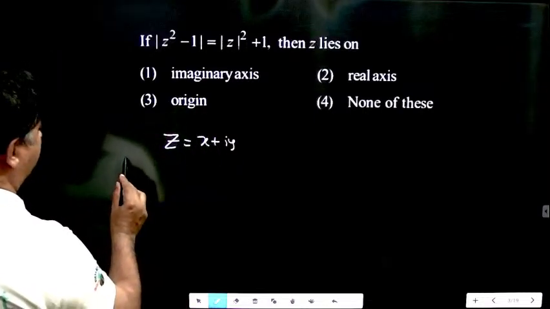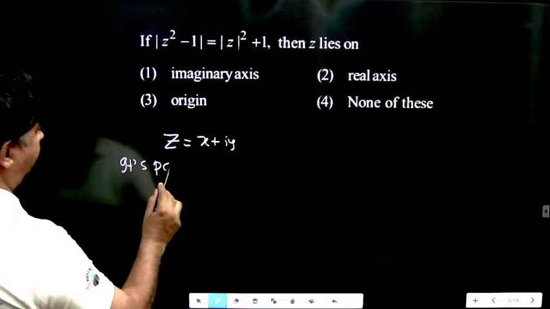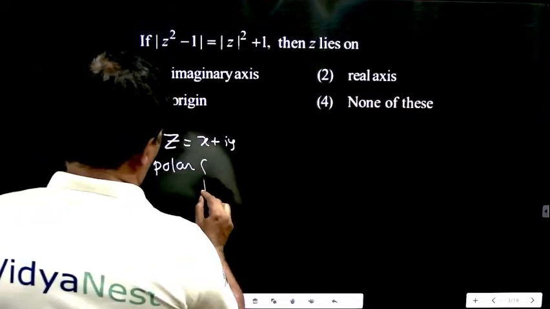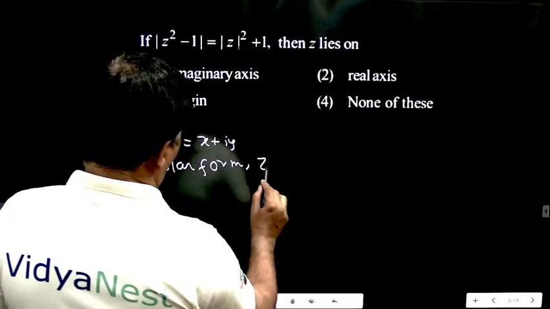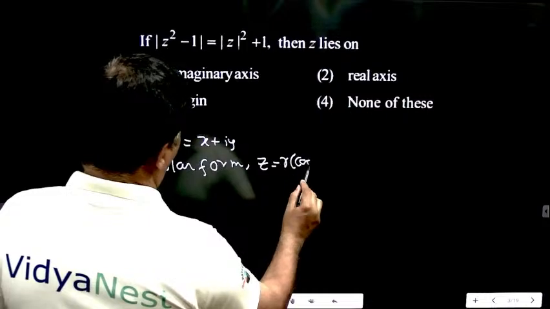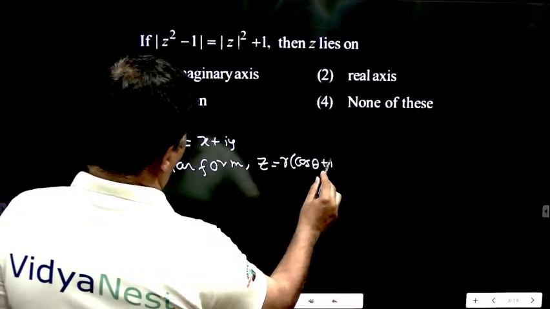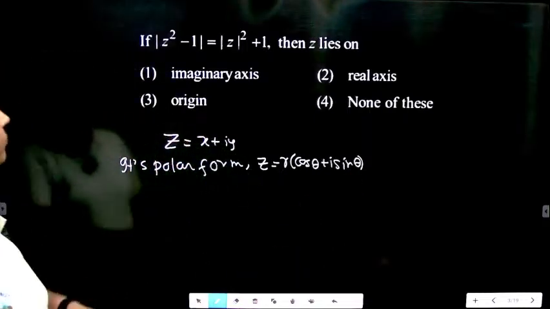Its polar form is Z equal to r (cos theta plus i sin theta).